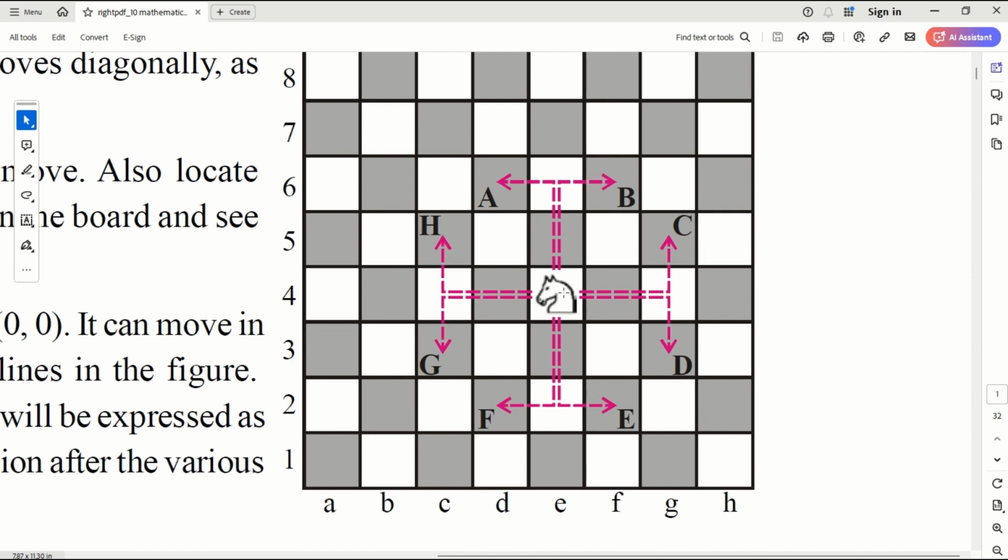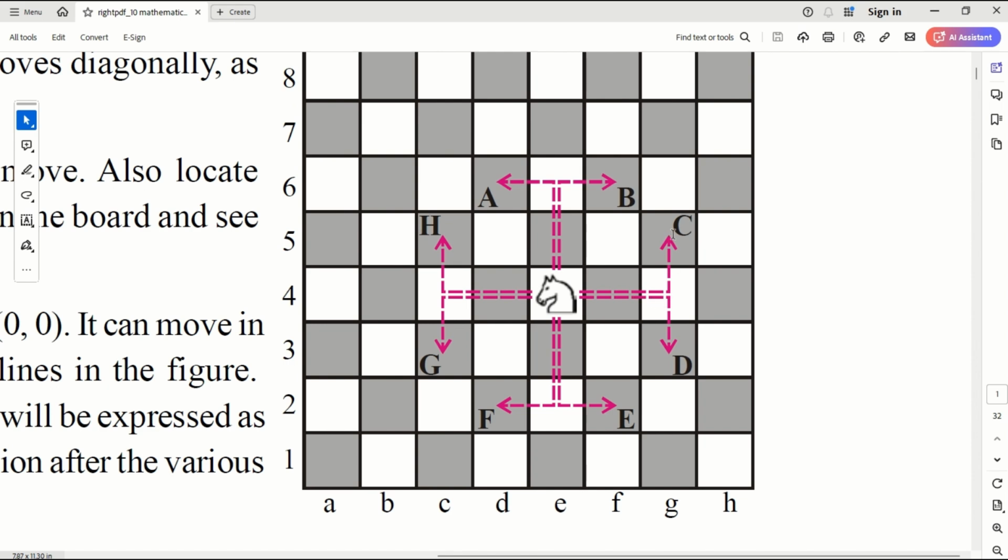If you take this as 0, comma 0, obviously this is 2 units above, so y is 2 and x is 0, correct? And this side x is -1, this side x is +1. So A is -1, comma 2, B is 1, comma 2. Here y is 1 and y is -1, and x is 2, two unit cells.